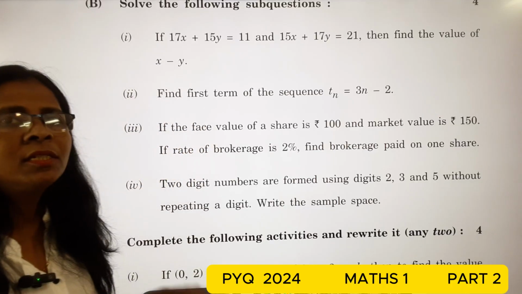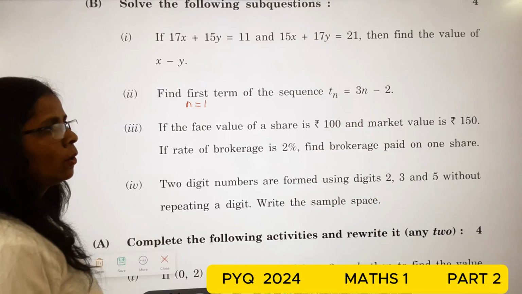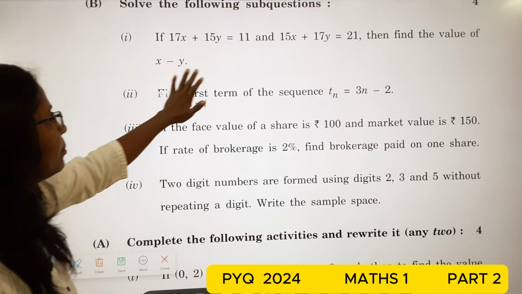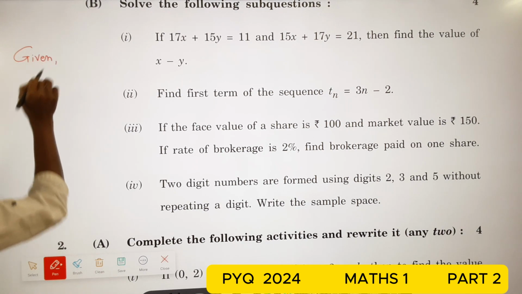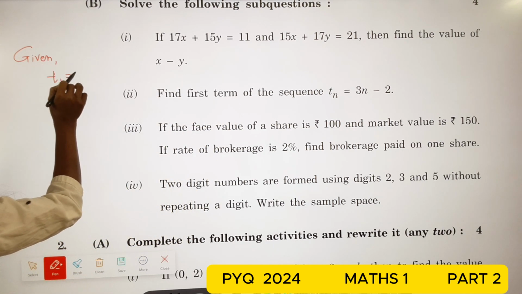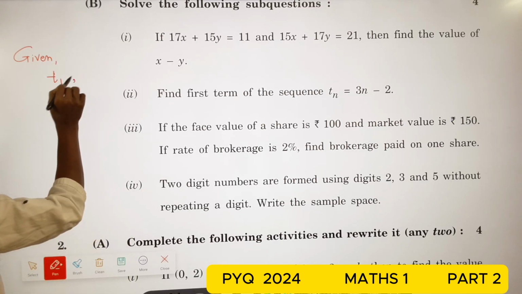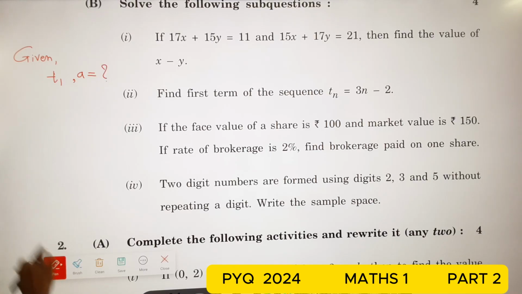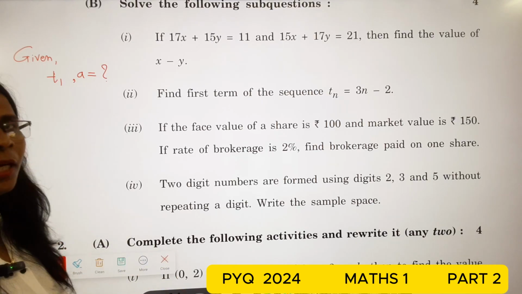Okay, so now what is first term? That is the value of n is equal to 1. Okay, so how will we write this example? So first we write down the given, that is find first term. First term, that means we have to calculate t1. Okay, t1 or we can calculate a also, because t1 and a are the same. t1 is also called the first term, a is also called the first term.